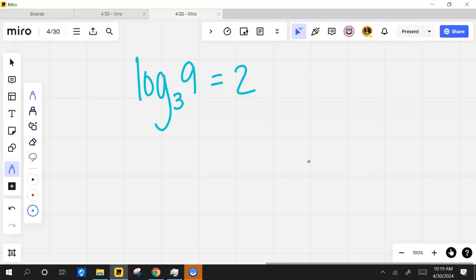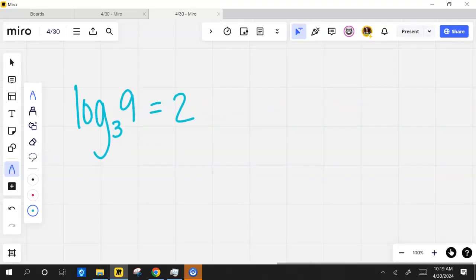Okay. This is read as log base 3 of 9 equals 2. Okay. So if I change this form, this is, like we said, logarithmic form. I can change it over to exponential form.